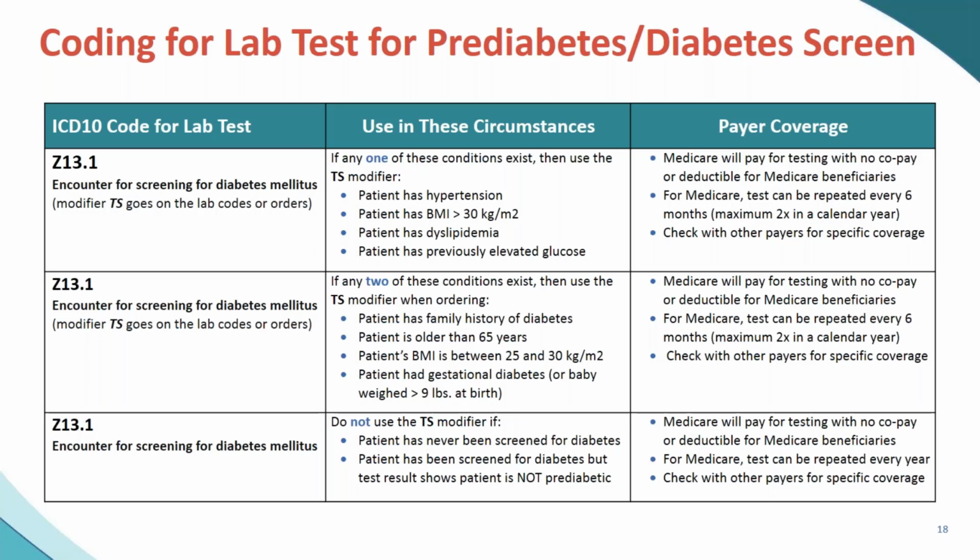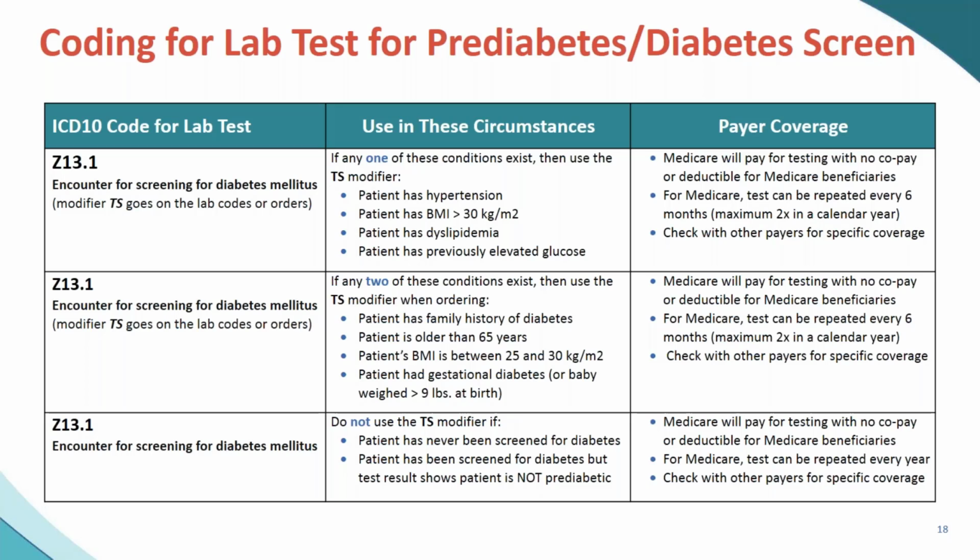If that is the case, then Medicare will pay for the testing without any copay or deductible, and Medicare will allow you to repeat it every 6 months. So it's important that you try to get that coded correctly. The second set of risk factors that we looked at in that middle box requires you to have 2.